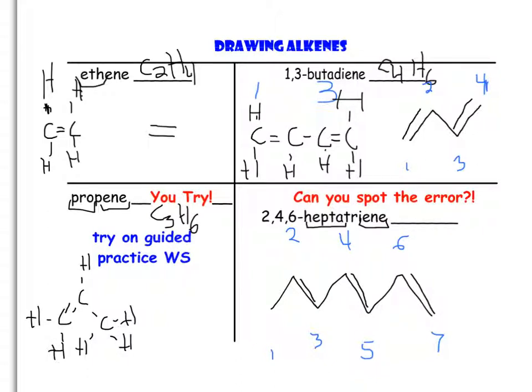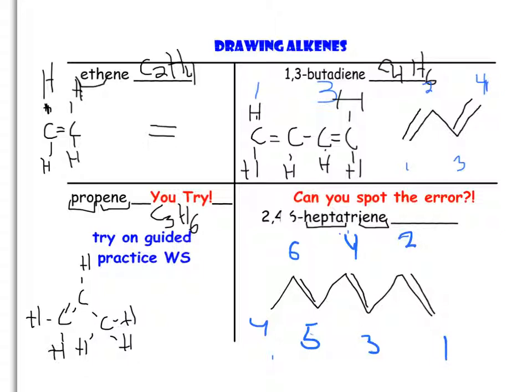So we no longer want that 7. So if we get rid of these numbers and we draw in some new ones, this actually becomes 1, 2, 3, 4, 5, 6, 7.